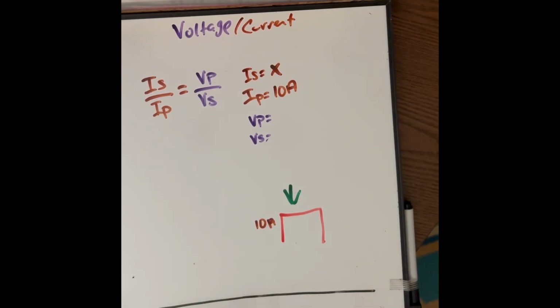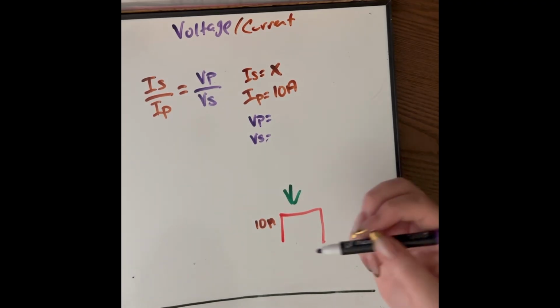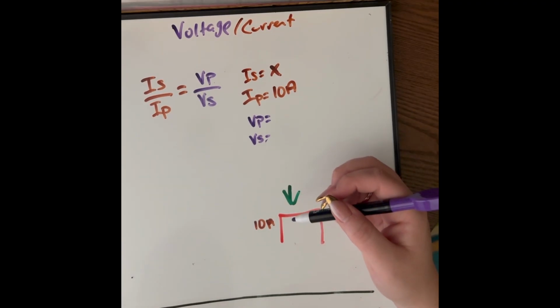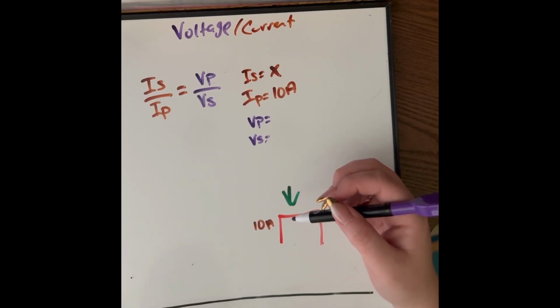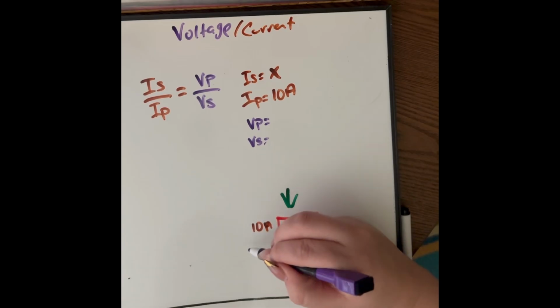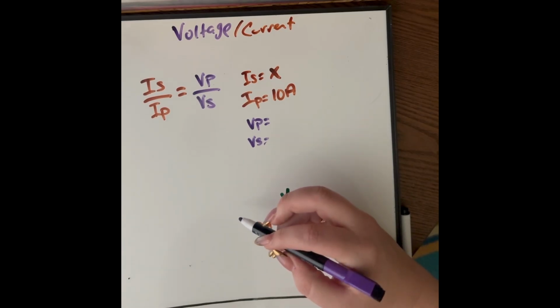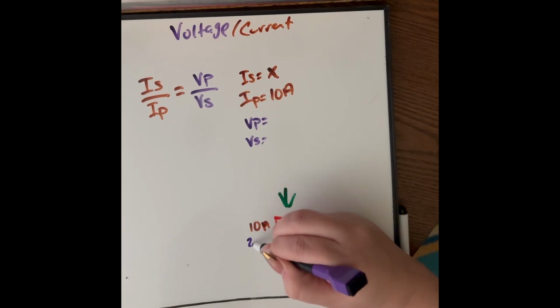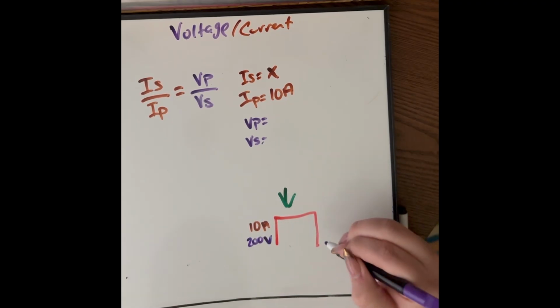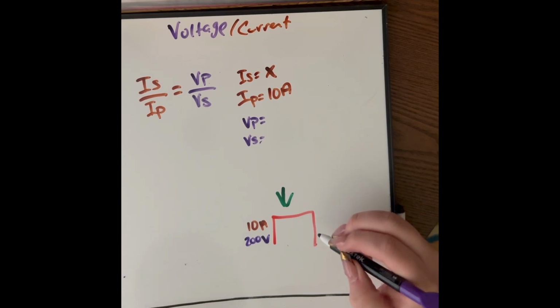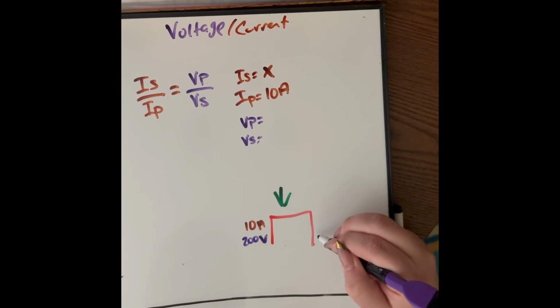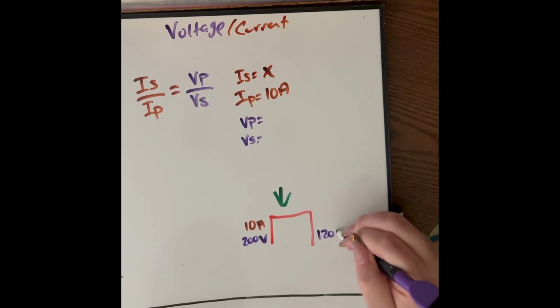And if my voltage is going down, I should expect a higher voltage on my left side or my primary side than my secondary. So let's say it's 200 volts over here. And let's use 120 volts over here.